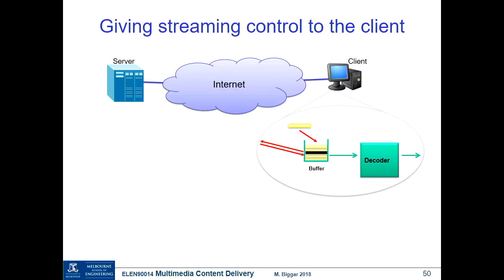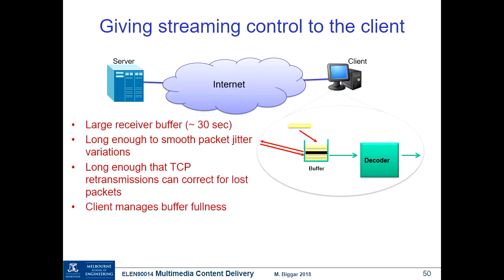We have this situation where we are feeding arriving packets into this buffer, and because it's a best effort network, every now and again we will lose a packet, and we said that we're going to have problems with this delay involved in asking for retransmission. And we get around that by building up a large buffer over time.